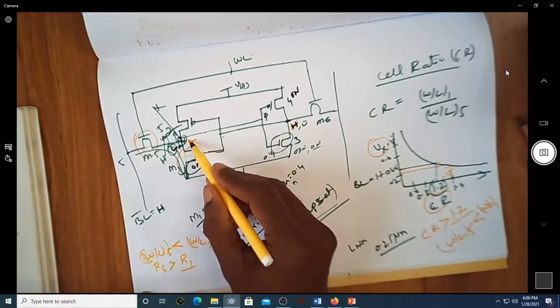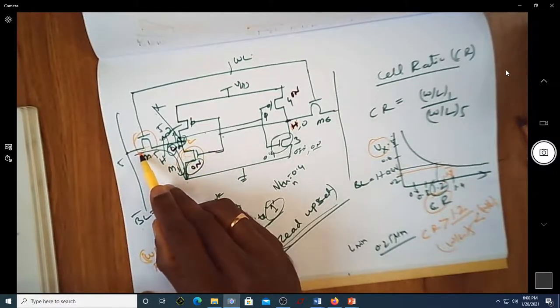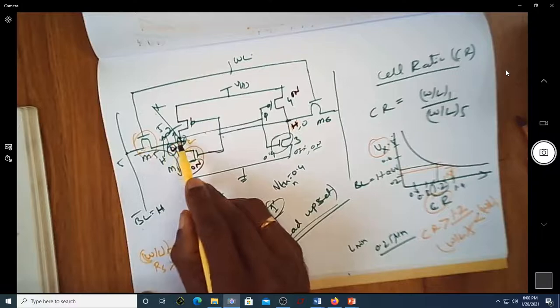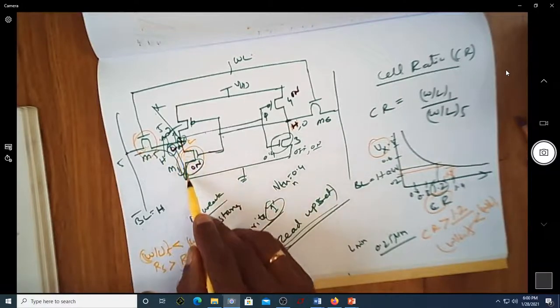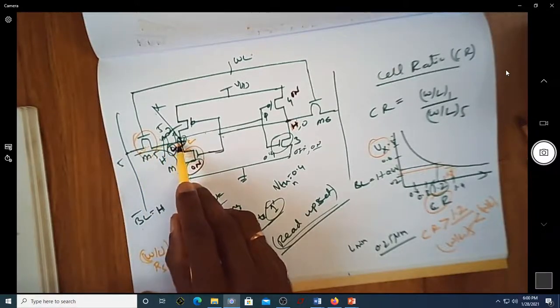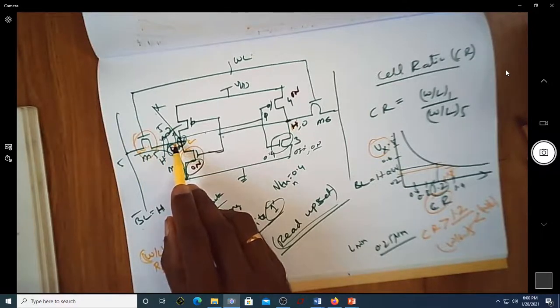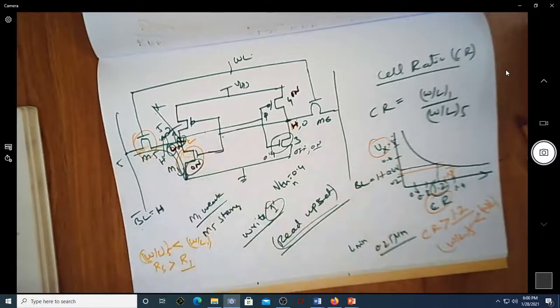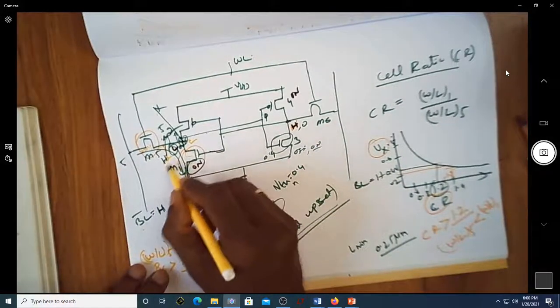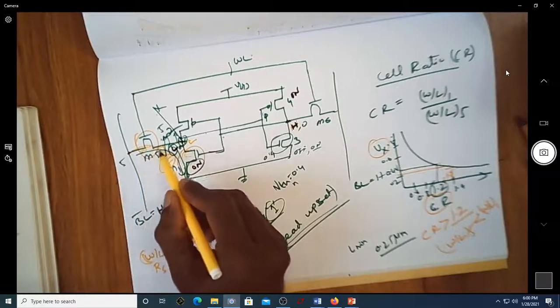Since this is low and the resistance offered by this is very small, whatever voltage tries to rise here will be grounded sooner. Of course the voltage will rise here, but because this resistor is a bit larger, the voltage cannot rise to that extent. If you assume a capacitor here, this capacitor has to charge through this resistor.